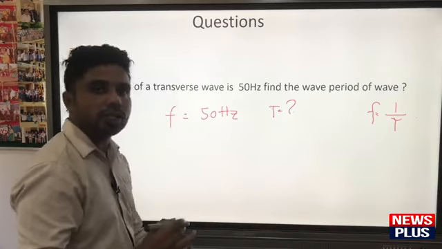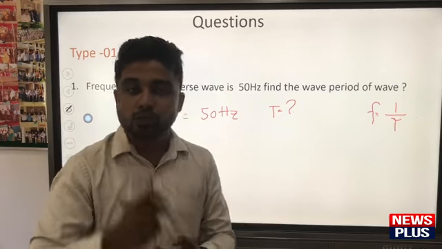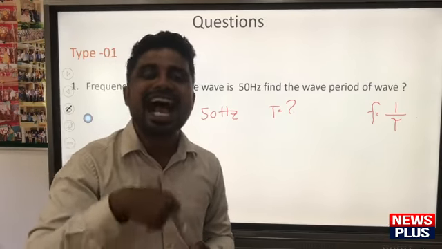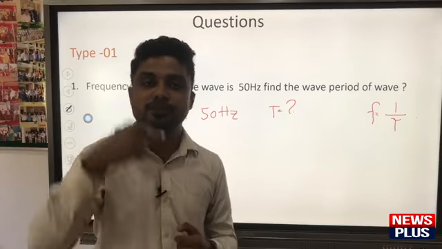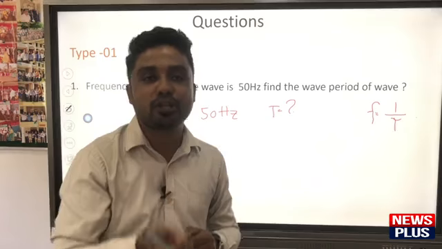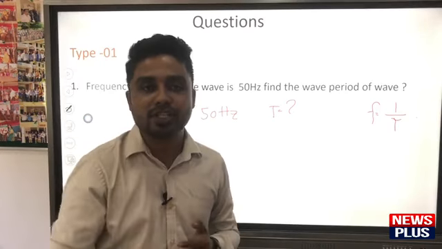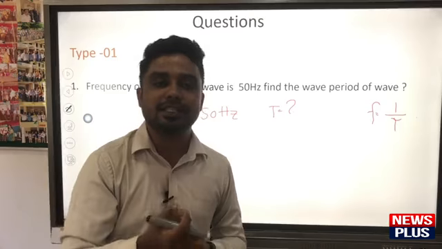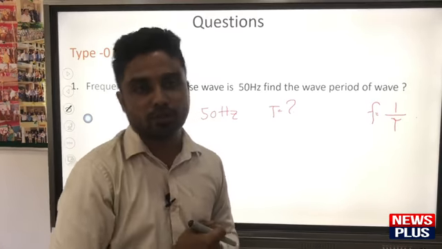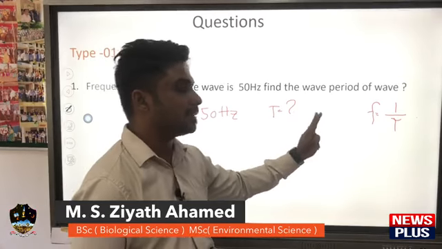When you do this kind of physics question, you have to know what is given and what is asked. If you write down what is given in your copy book, then you can easily understand the concept and the question also. So here f is given, T is asked.